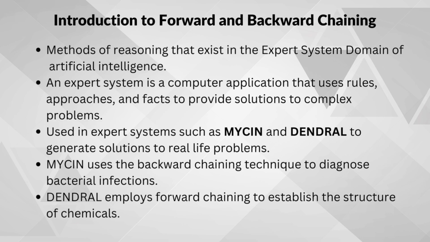Another example of rule based system is the DENDRAL, which is like a chemical whiz. It uses forward chaining to put together the pieces of chemical puzzles. Starting with tiny building blocks, it adds them up step by step to create the whole structure of a chemical compound. It is like building with Lego bricks.